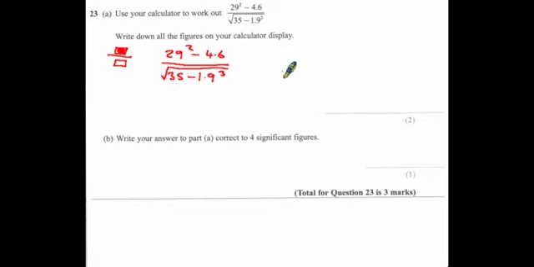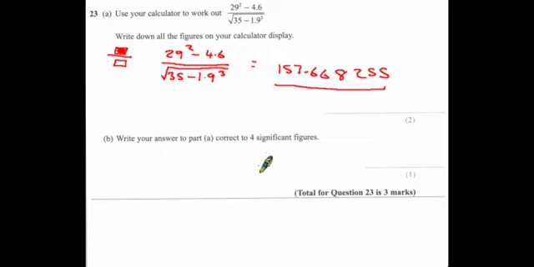A scientific calculator is set up to follow BIDMAS and it will therefore work it out in the right order. The answer you will see on your calculator screen will be 157.668255, and that satisfies part A, writing down all the figures on your calculator display.